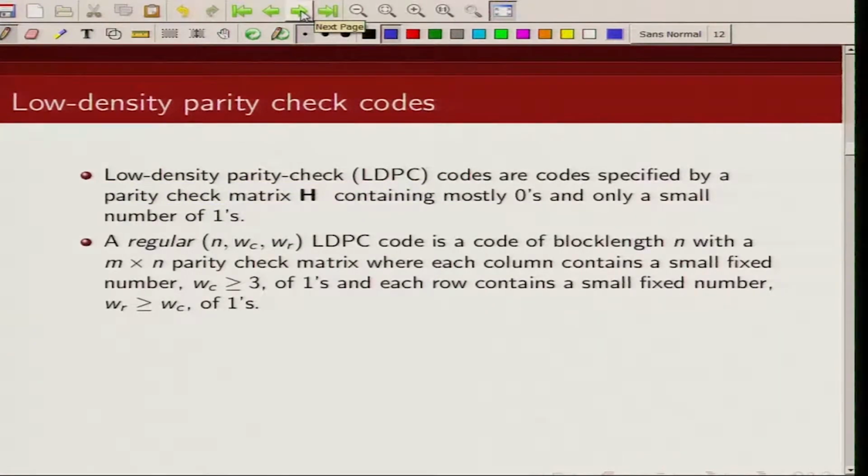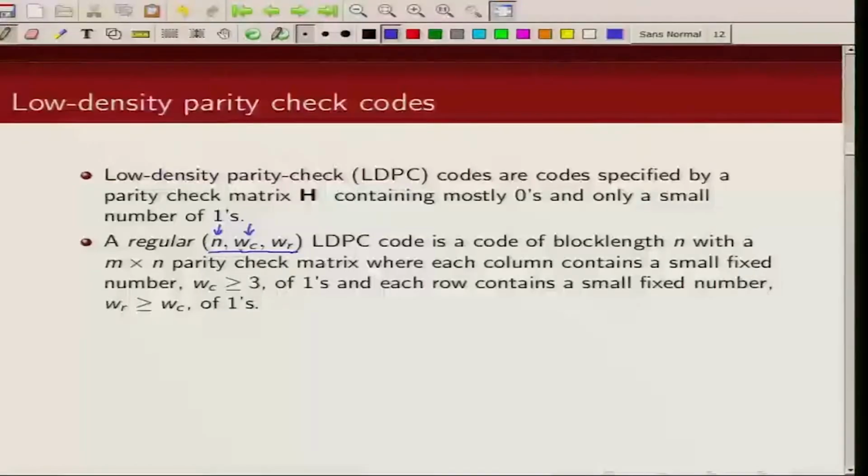Now, what is a regular LDPC code? A regular LDPC code is defined by these three parameters. This is the code length, and this is the number of ones in the columns of the parity check matrix. A regular LDPC code has the same number of ones in each of the columns of the parity check matrix, and that number is given by W subscript C. Similarly, W subscript R gives us the number of ones in each row of this parity check matrix.